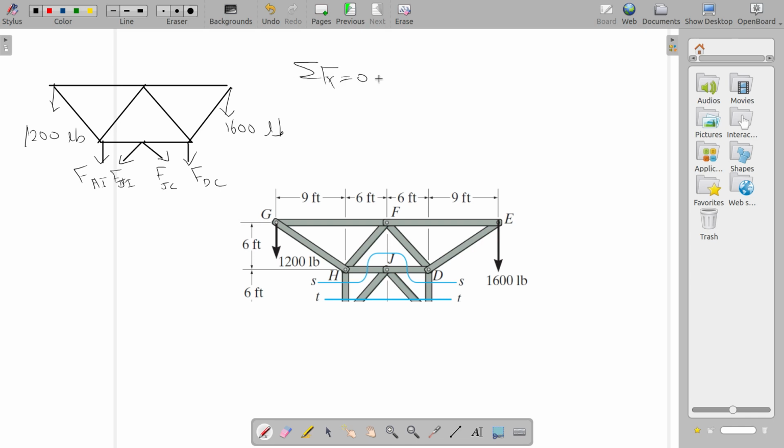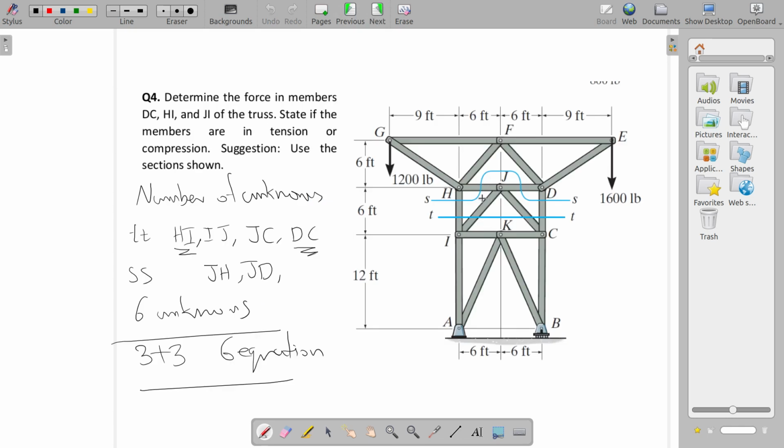Sigma Fx is equal to 0, sigma Fy is equal to 0 here. All these dimensions are given, so what will be this angle here? This is 6 feet and this is 6 feet, so this will be 45.